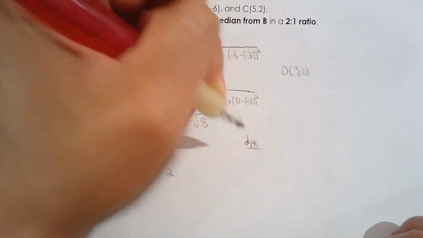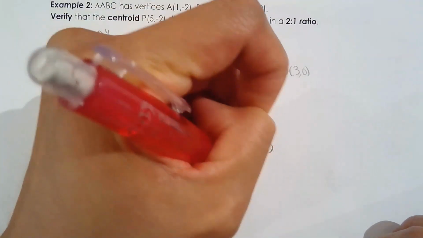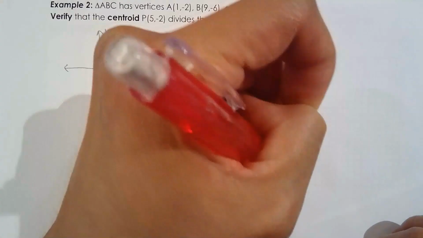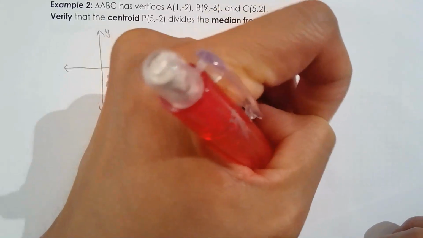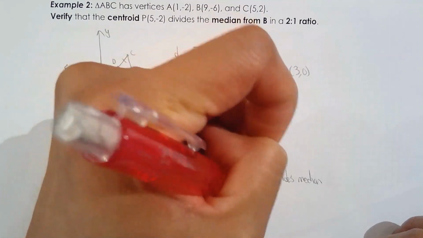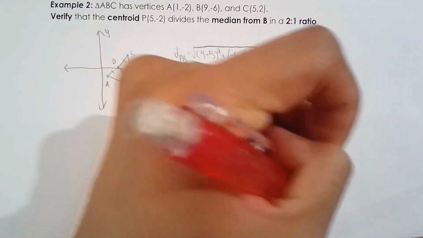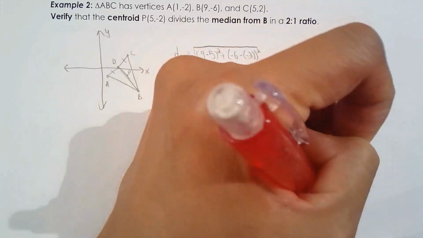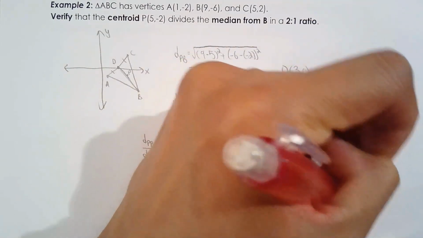So since this ratio is 2, therefore the centroid divides the median from vertex B in a 2-to-1 ratio. In fact, it divides all the medians in a 2-to-1 ratio.